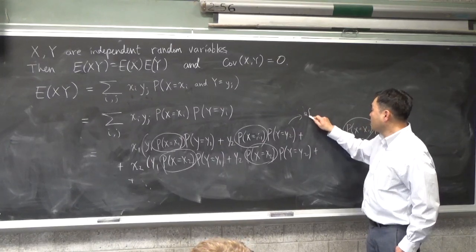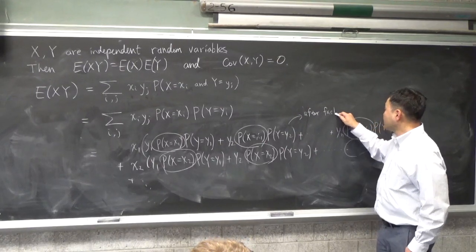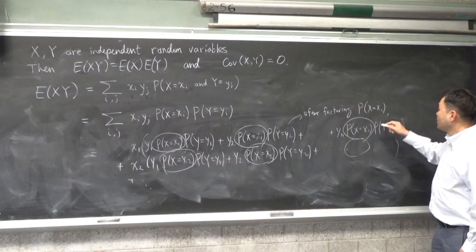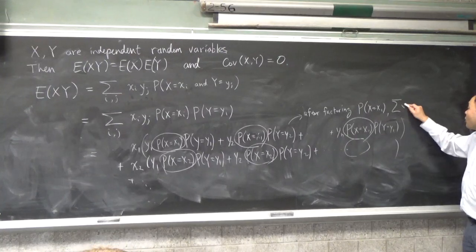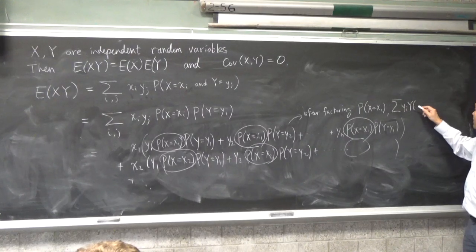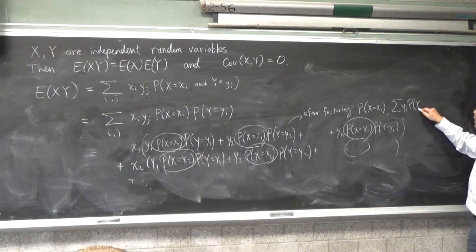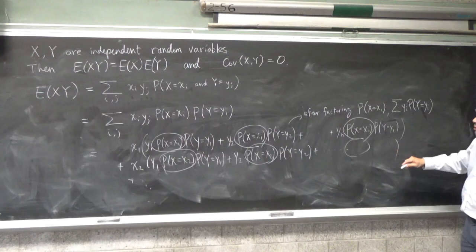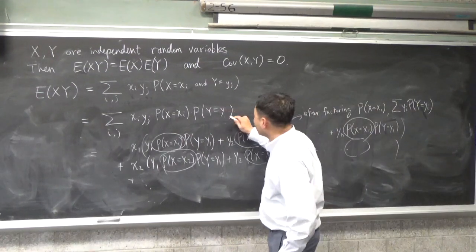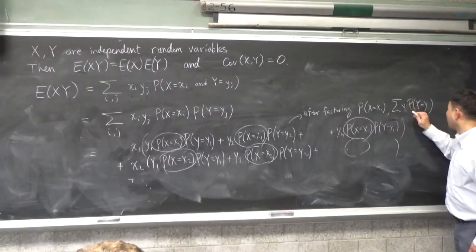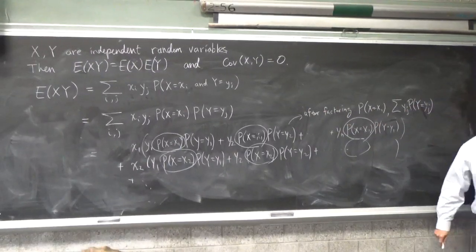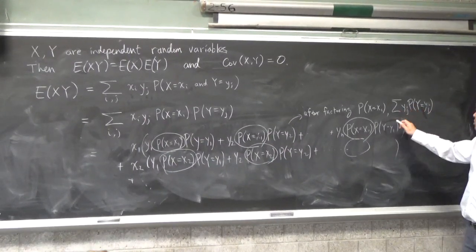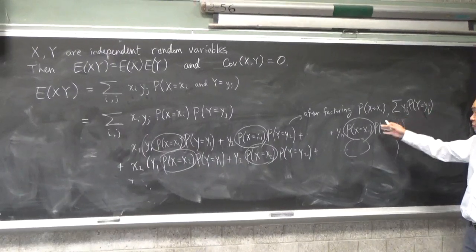After factoring P(X = x1), what remains is the summation of yj P(Y = yj). Sorry, so this should be yj. Do you agree? You'll just have y and then P of y after you factor this out.